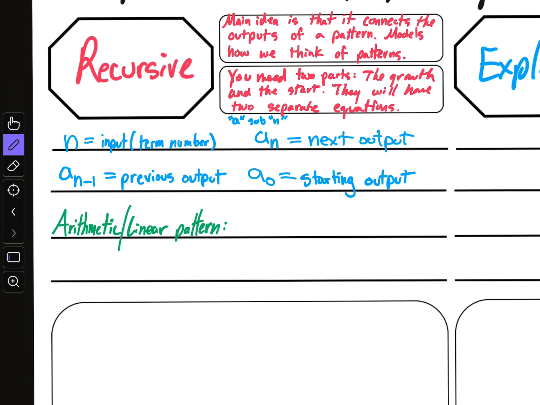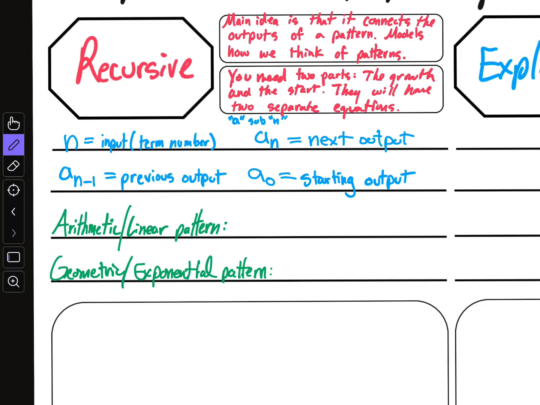We are also going to do a geometric or exponential pattern. You're going to see they're basically the same thing, but I like to highlight the fact that there's both of them. You may want to pause right now so you can pay attention to this next part. If somebody needs a pause to catch up, we can do that.